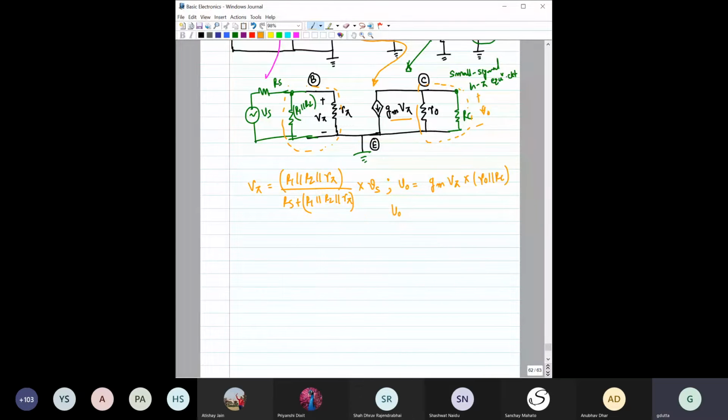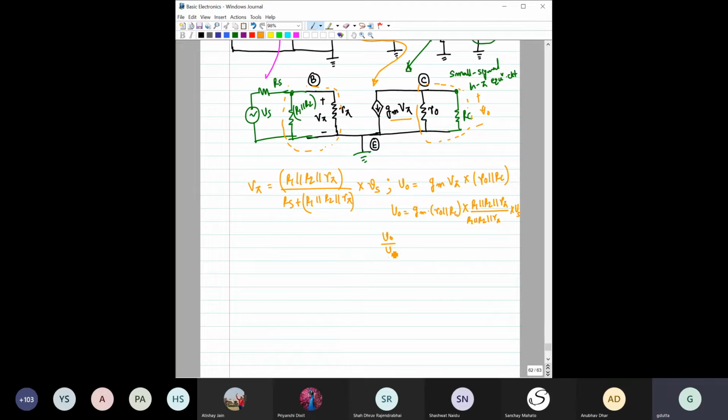So you can find Gm into R naught parallel RC. Now we are writing the value of this V pi, which is R1 parallel R2 parallel R pi divided by Rs plus R1 parallel R2 parallel R pi, into Vs, right?